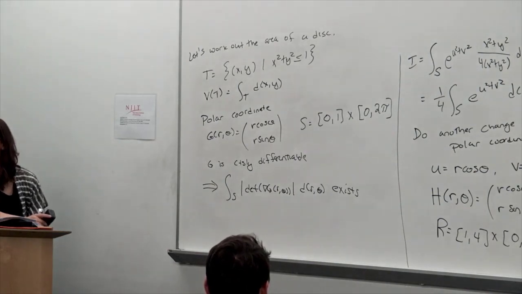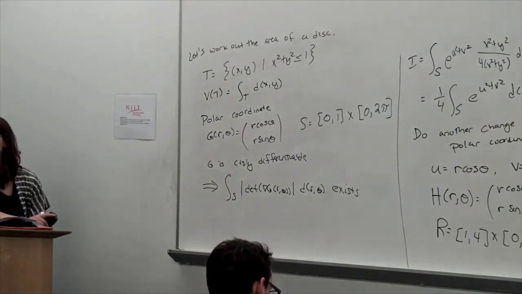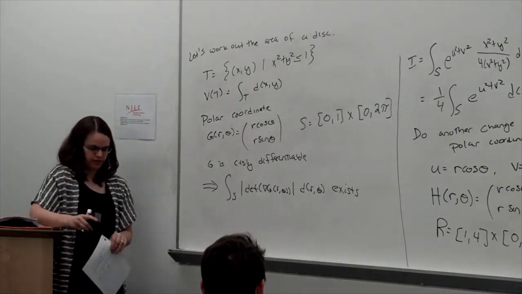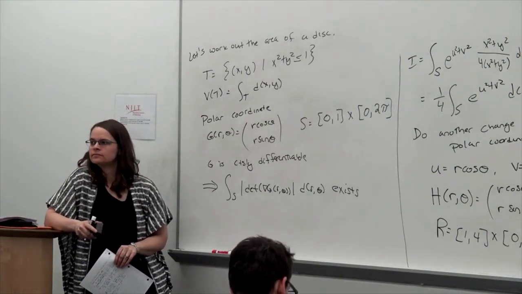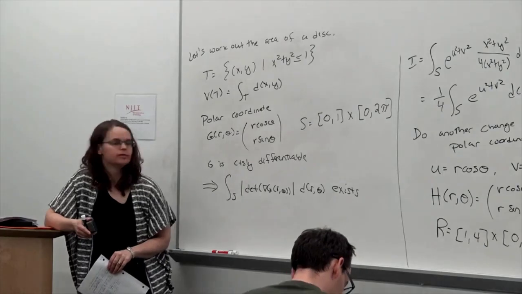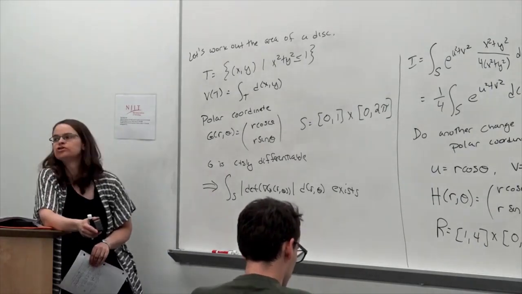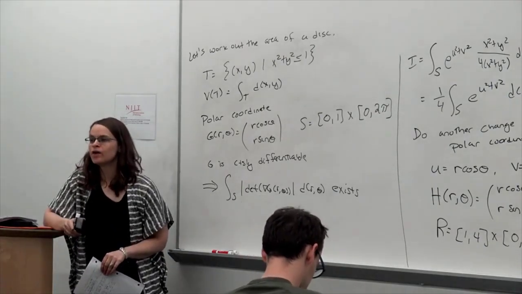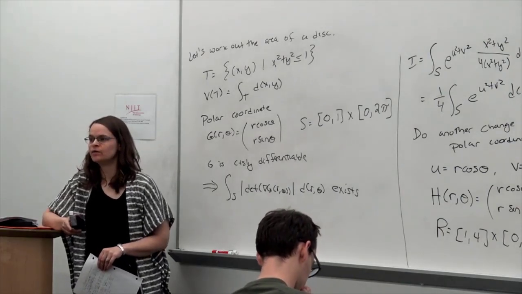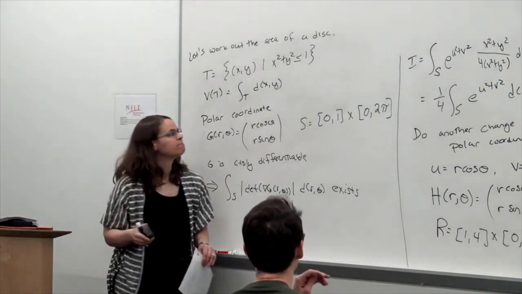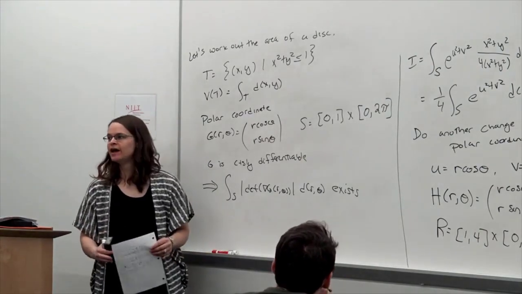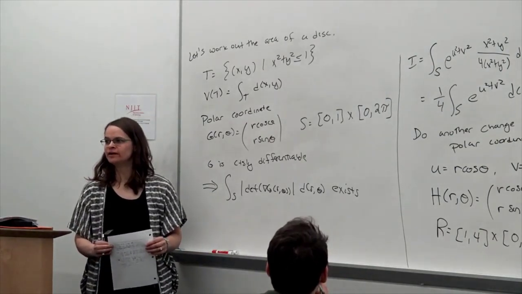Now, do you see any problems? What are the assumptions that we made for the change of variables formula? Okay, things are Jordan measurable. That seems to be true. Yeah. We assume G is regular. Regular, part of that was invertible. There's a problem here. I have some periodicity going on here.